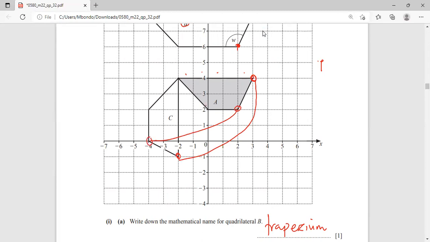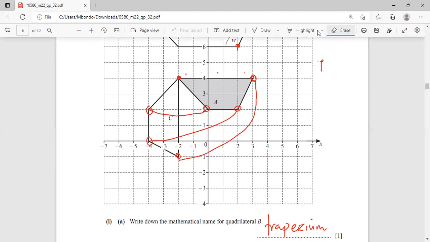This one will be here. This one will remain where it is. We are moving in a clockwise direction here. So in terms of direction, we already know that it is clockwise.